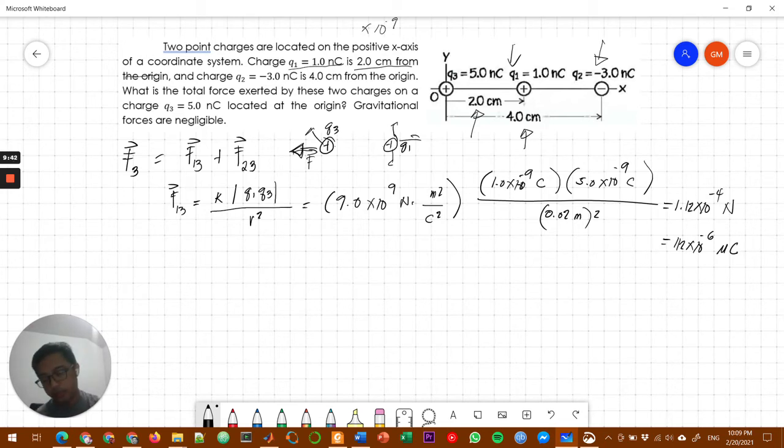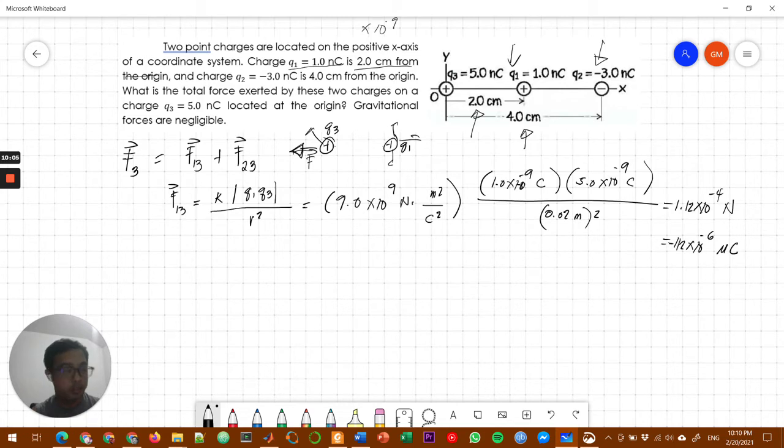And since its direction is toward the negative x-axis, this must be negative 112 micro, or that's 1.12 times 10 to the negative 4.